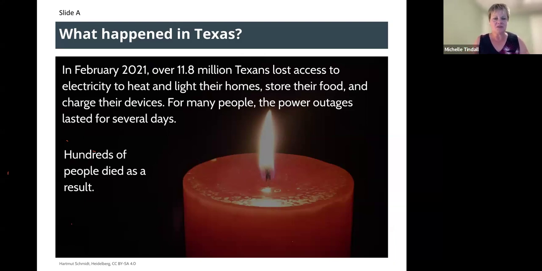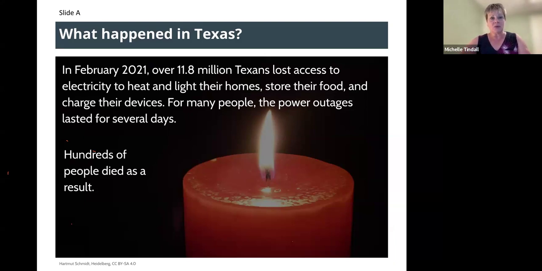We're going to dip into this very first anchoring phenomena routine from OpenSciEd, so we can look at the shift we're talking about and why it's important to build a classroom community of learners. If you would, take a look at the first slide.